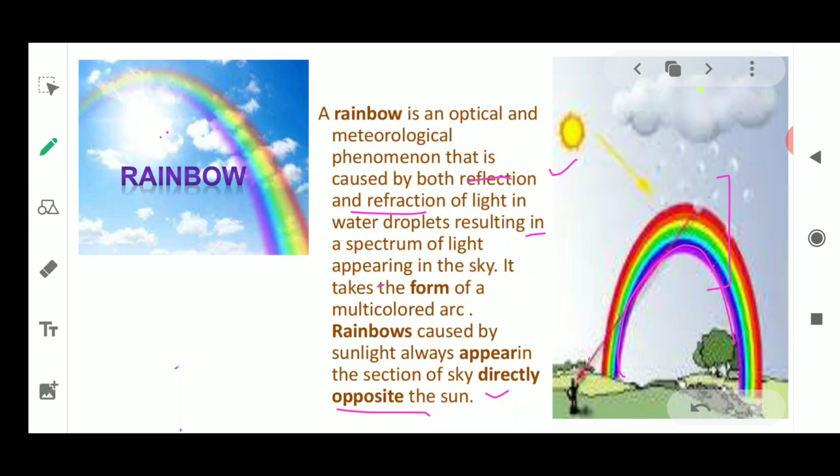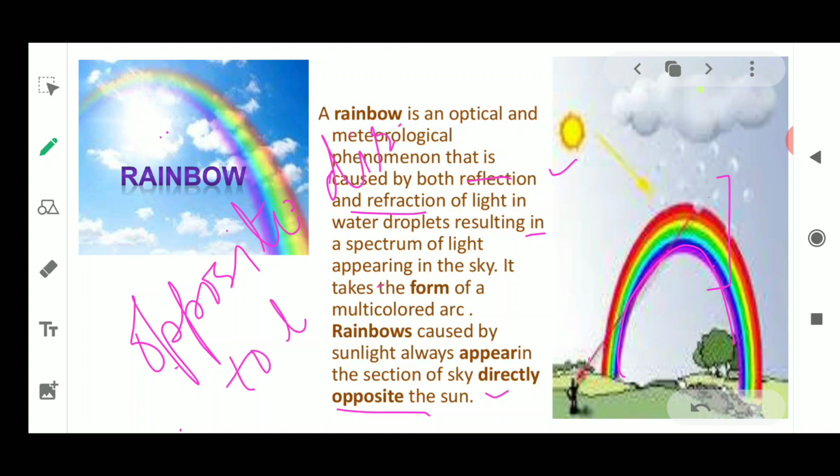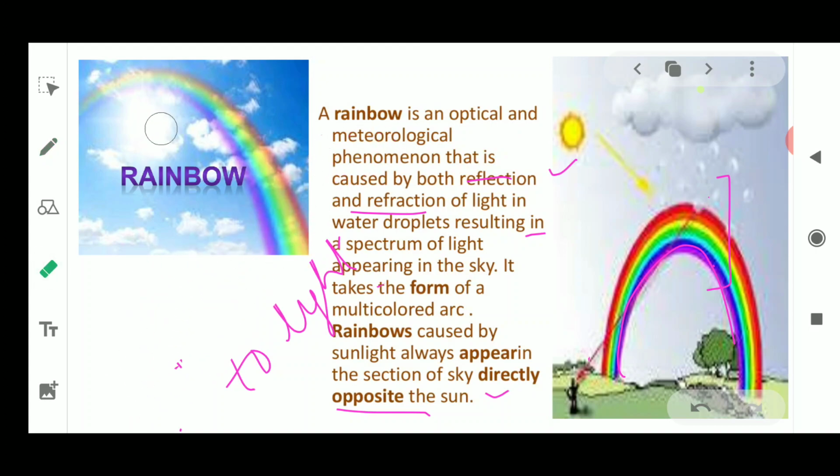So whenever a rainbow is formed, it is always formed in the direction opposite to the light. Where the sunlight is, the rainbow is formed in the opposite direction, as the light is helpful in the formation of this rainbow because of refraction and reflection.